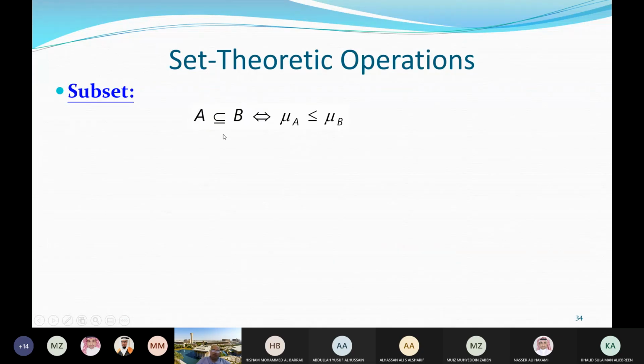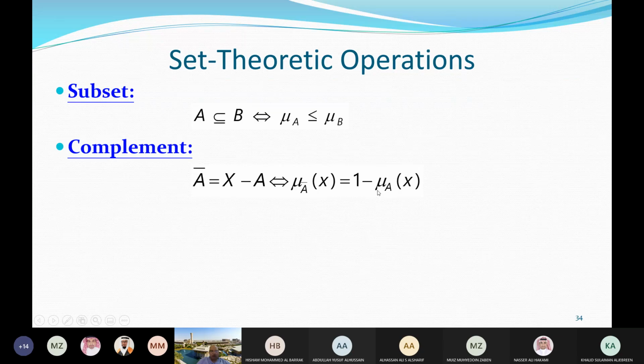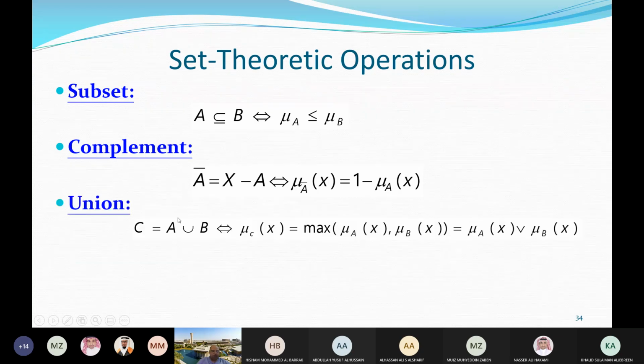We have also a subset. A is a subset of B. That means the membership defined on the fuzzy set A is definitely lower than or equal to that of B. The complement is 1 minus.